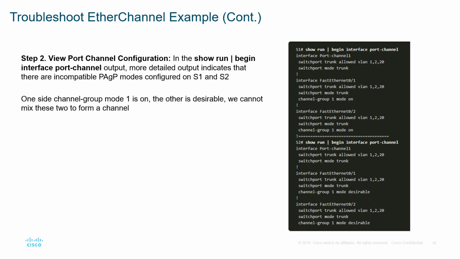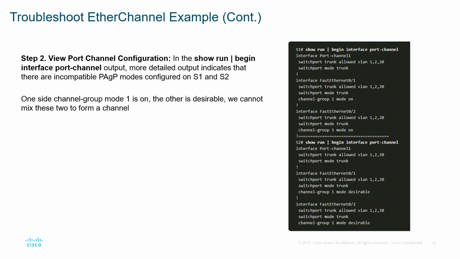When I look at switch 2, it is also configured as port channel 1. They are allowing 1, 2, and 20. Switchport mode is trunking. However, on the individual interfaces, it is allowing VLANs 1, 2, and 20, but channel-group 1 mode is desirable.